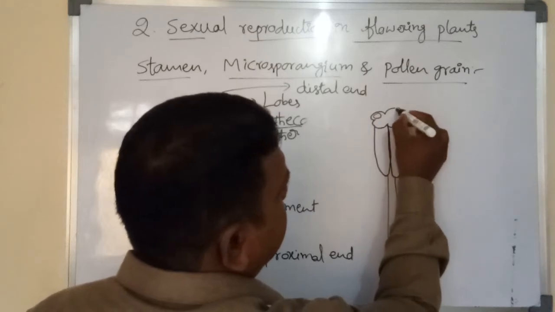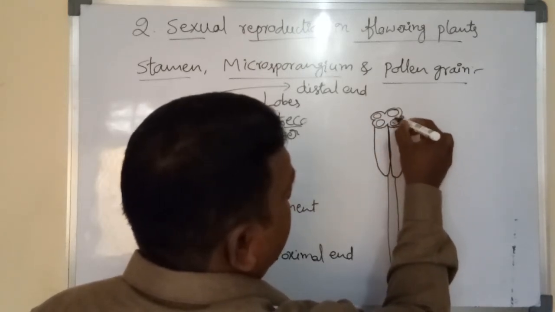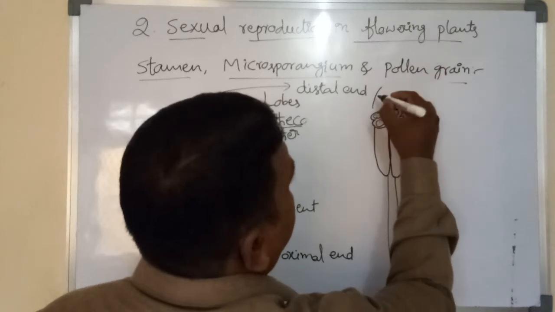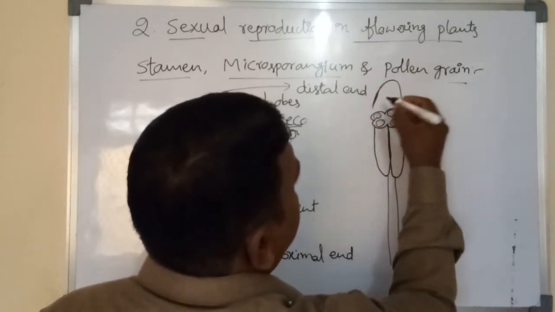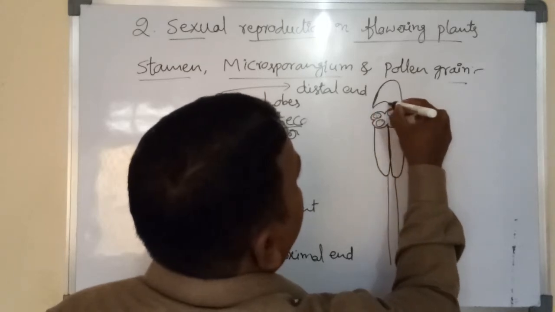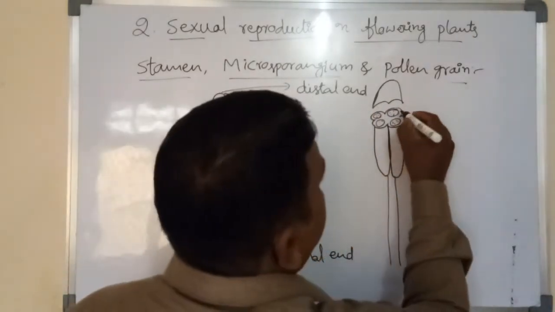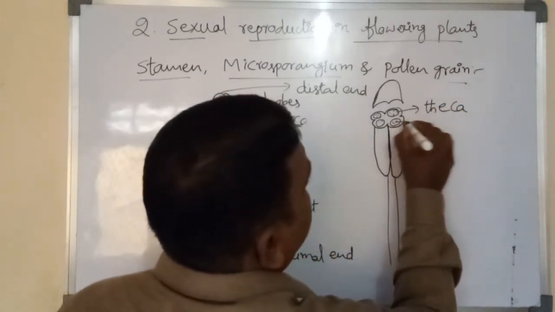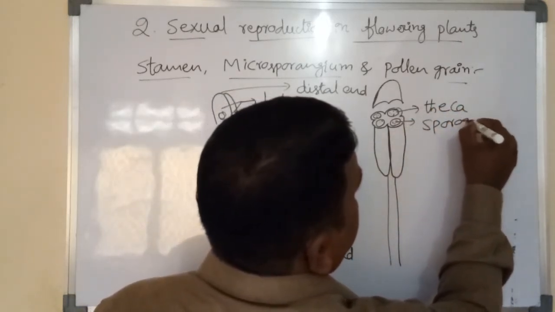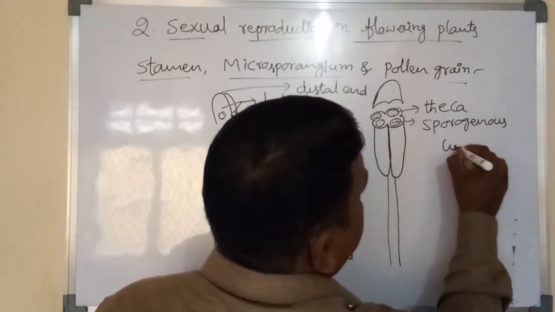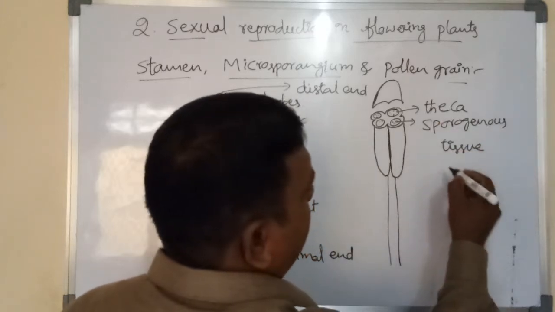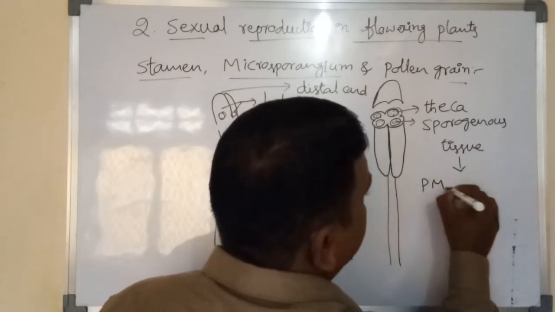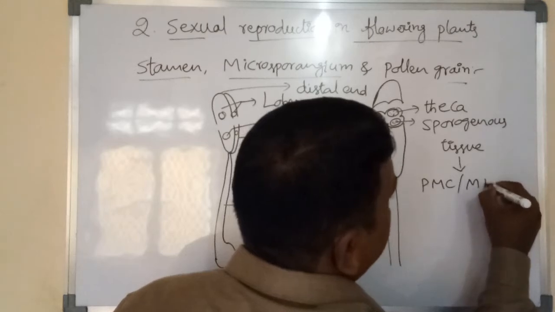TS of anther. Theca, sporogenous tissue, and sporogenous tissue is made up of PMC, pollen mother cells, or MMC, microspore mother cell.